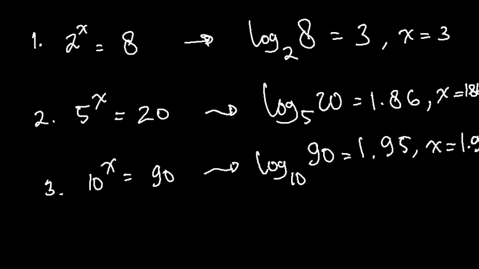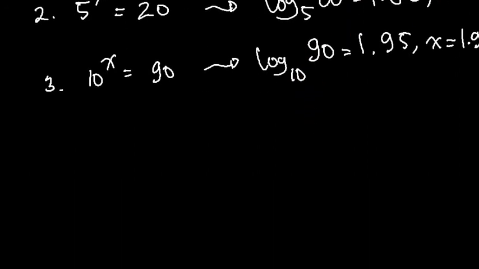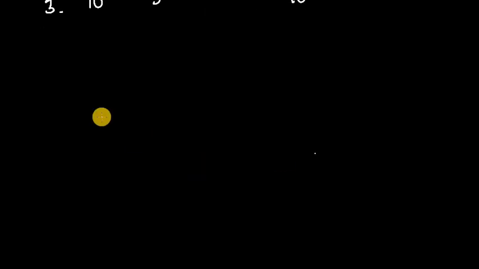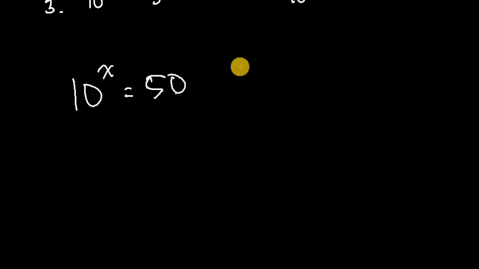Oh yeah, before we finish, once again, a logarithm without a written base is base 10. For example, if I have 10 to the power of x equals 50, there are two ways to calculate this.